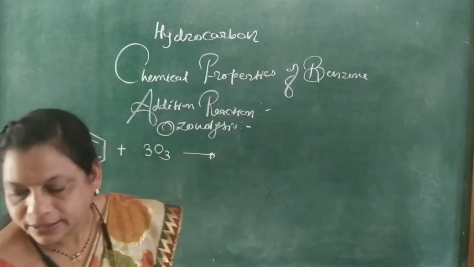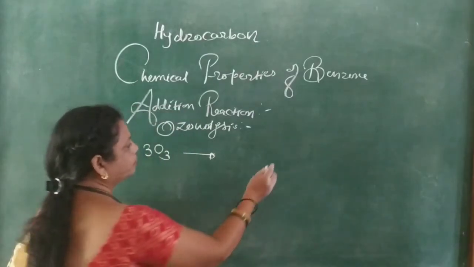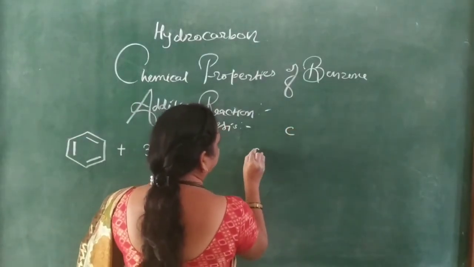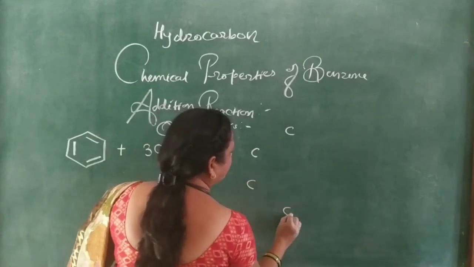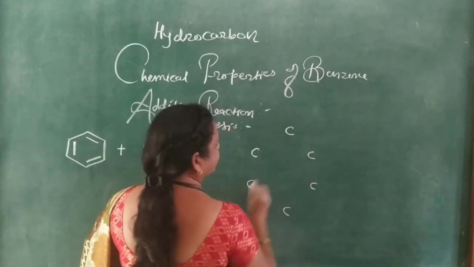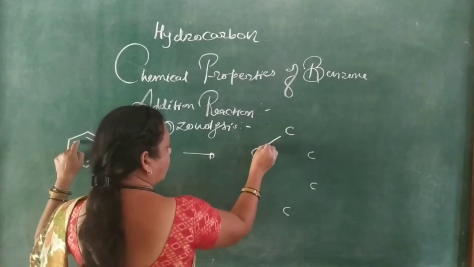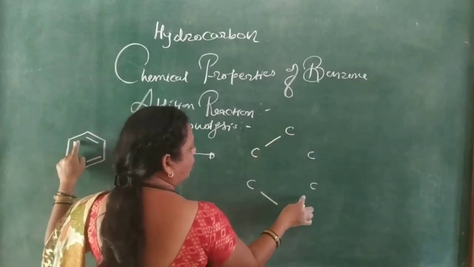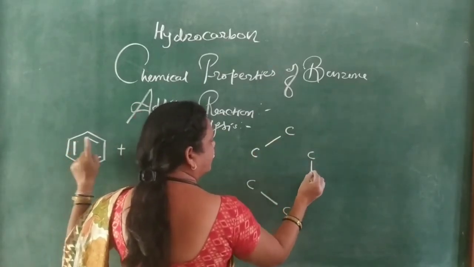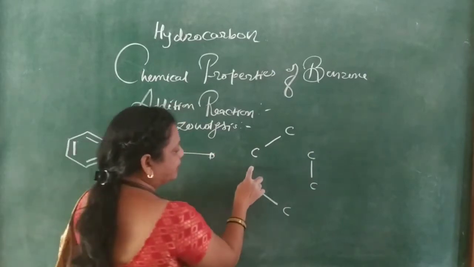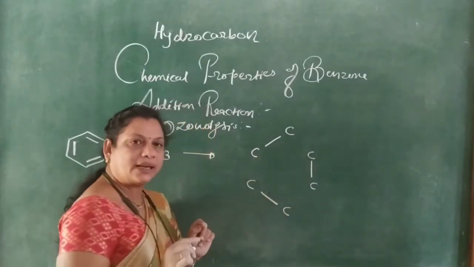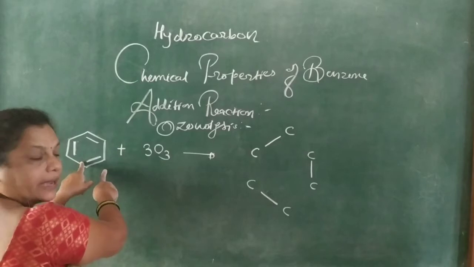In this way they are bonded: carbon 1, 2, 3, 4, 5, 6, single bond, double bond, single bond, double bond, and again single bond.